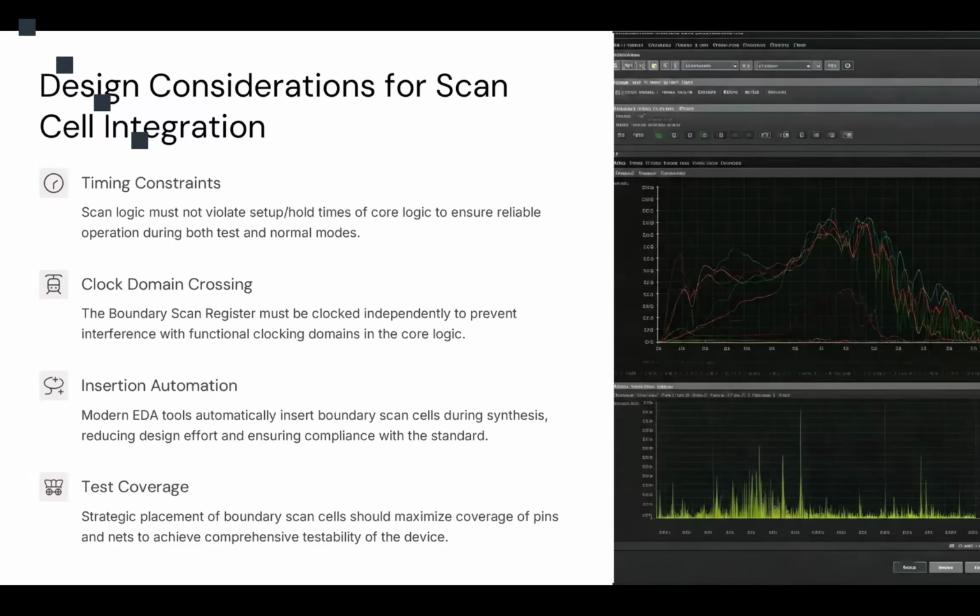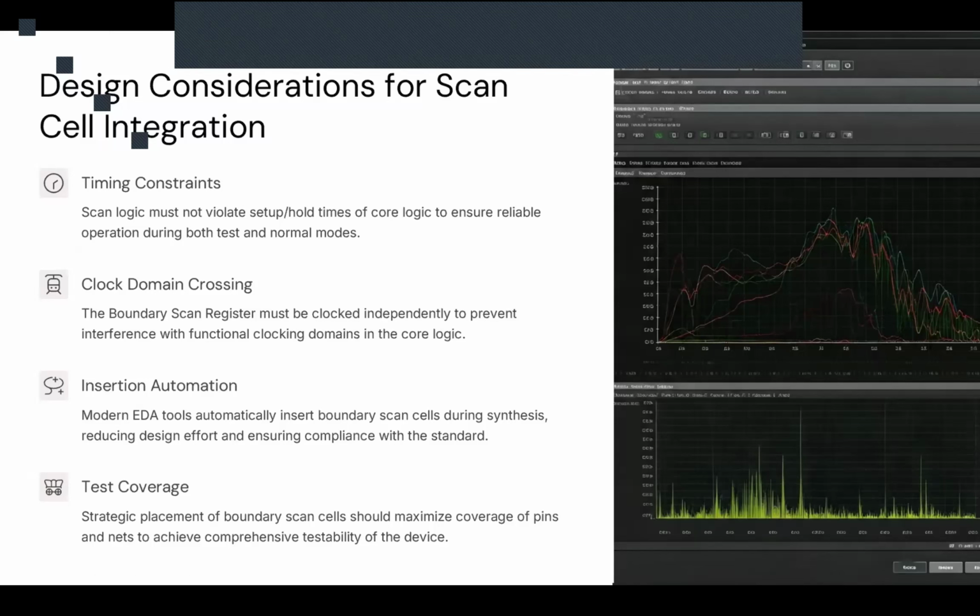Because if we have that, there is going to be a logic failure, and the data that we capture at the pins is going to be misleading. It's going to be a false detection if the two clocks in the system are not working in the same synchronized manner.